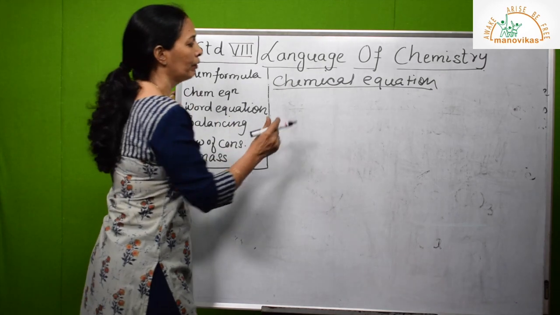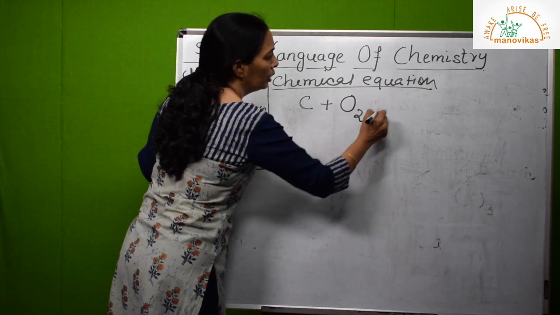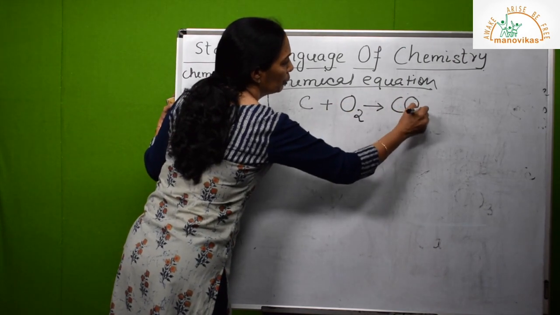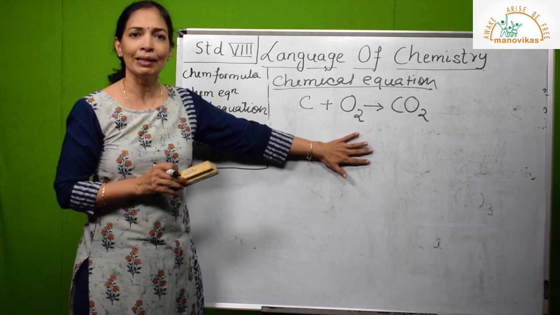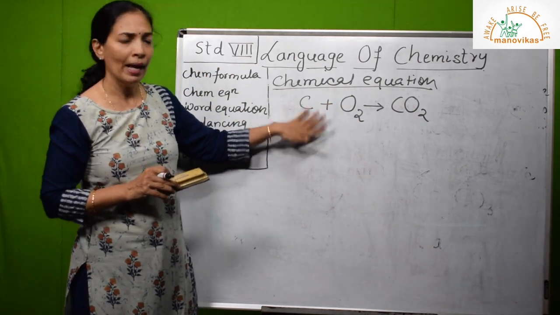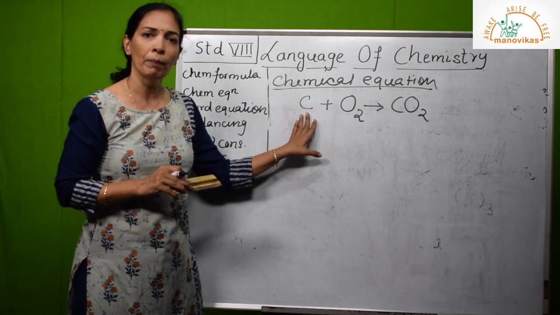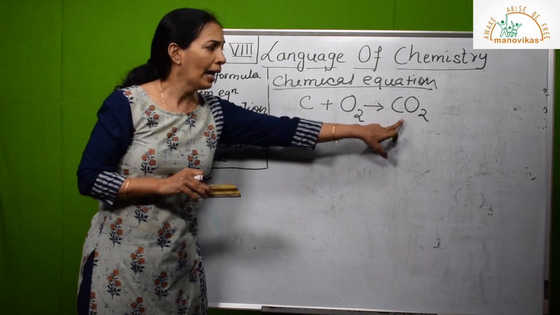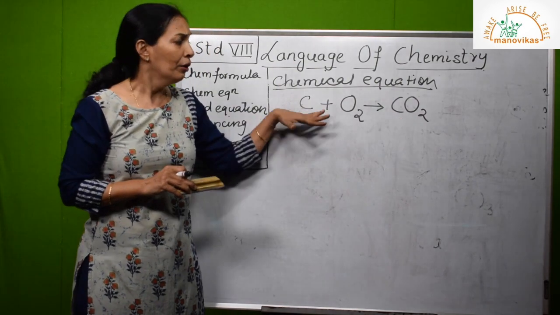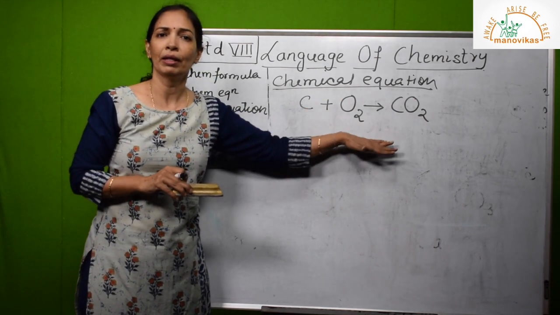So a chemical equation, if I write C plus O2 is equal to CO2, this is a chemical equation which tells about the chemical reaction that carbon reacts with oxygen and forms carbon dioxide. So with the help of the symbol of carbon, the formula of the molecule of oxygen and the compound carbon dioxide, we can write this chemical reaction. So this is called a chemical equation.